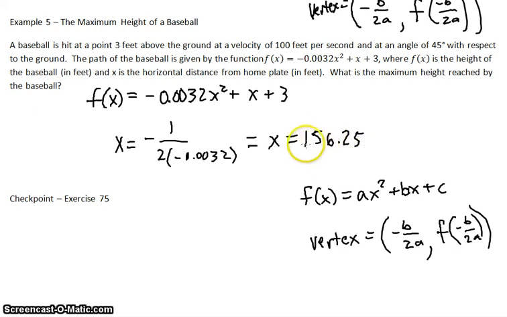So there is the x-coordinate of my vertex.